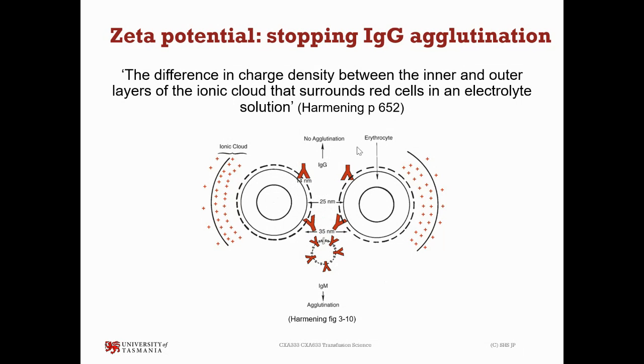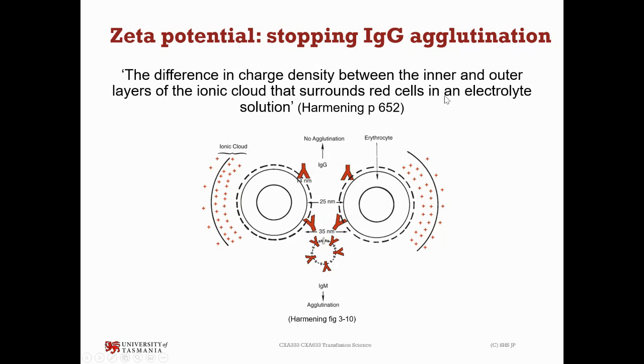And so that is why IgG antibodies in the main are not able to directly agglutinate red cells. They can only sensitize them. They bind to the antigens on the cell surface, and that's where they stay. Whereas IgM is able to agglutinate the red cells because it is able to bridge the gap between them. And so that can agglutinate them.